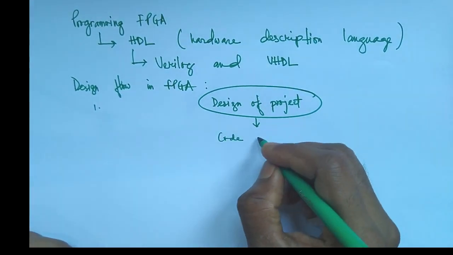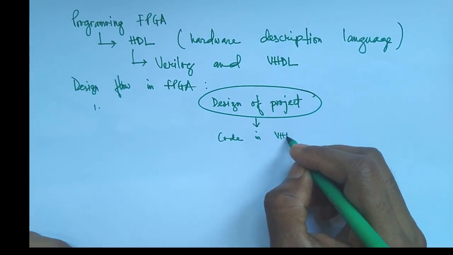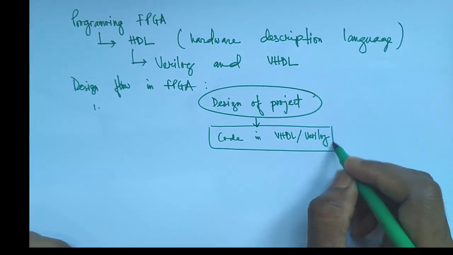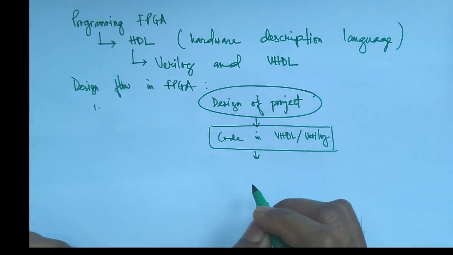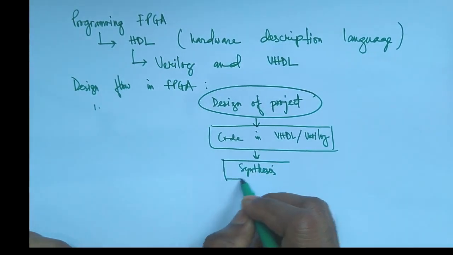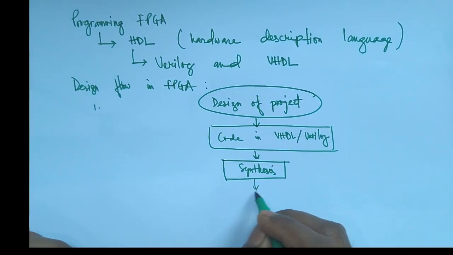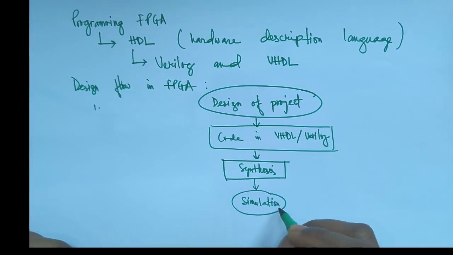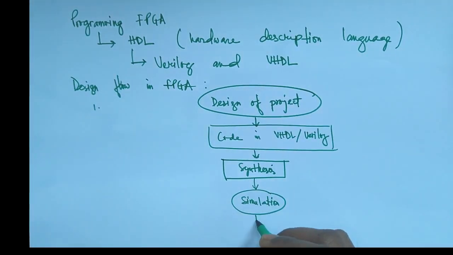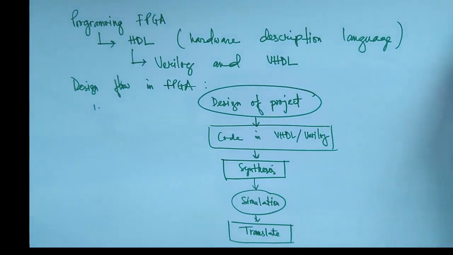Now we have to write code either in VHDL or Verilog. Once we have the design and the code, we are going to do synthesis. After synthesis, we are going to run simulation. After simulation, we are going to translate the output.